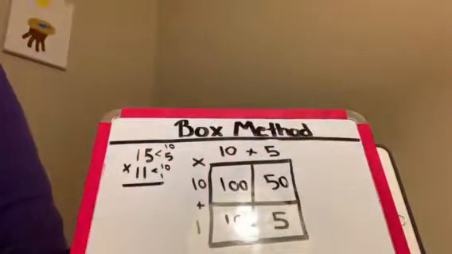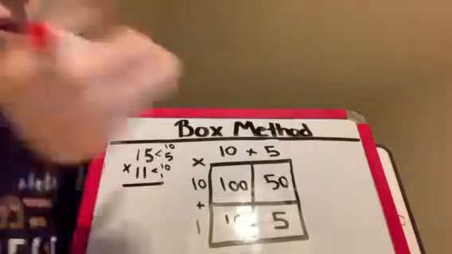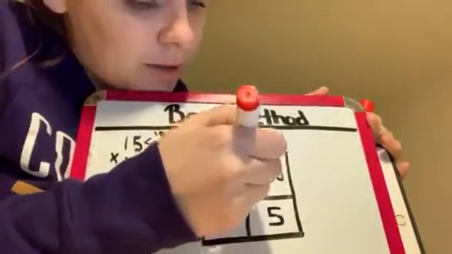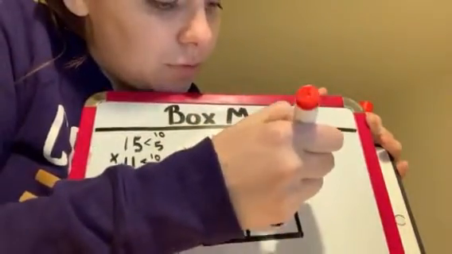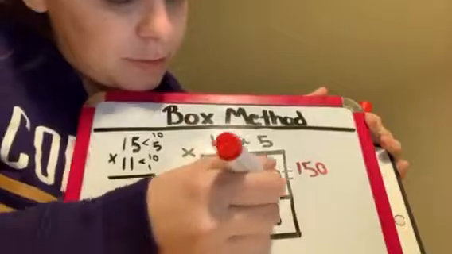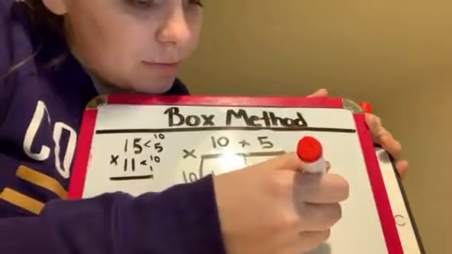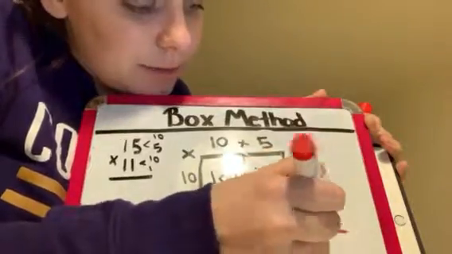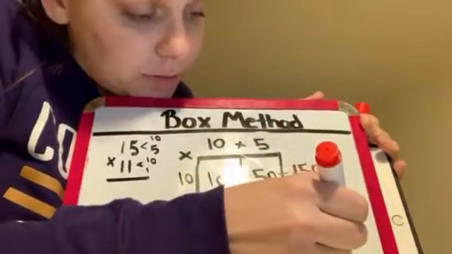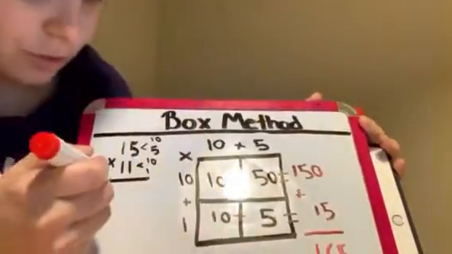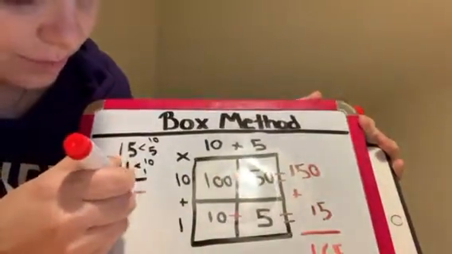Okay, and now we're going to add our rows together just like we did with the other one. So 100 plus 50 equals 150. 10 plus 5 equals 15. And then we need to add these two together. So we have 5, 6, 1, and the answer is 165.